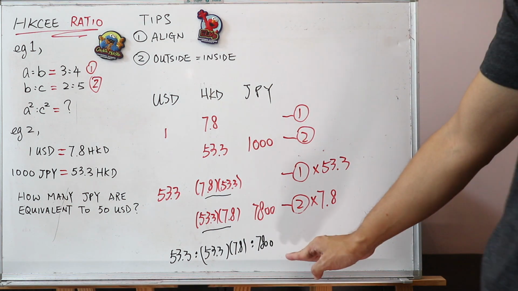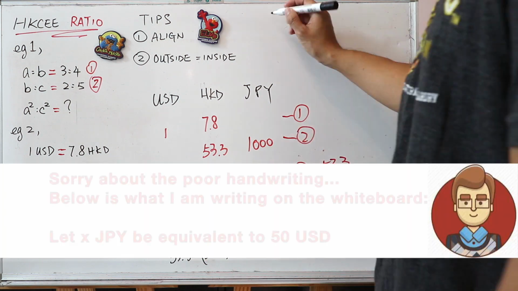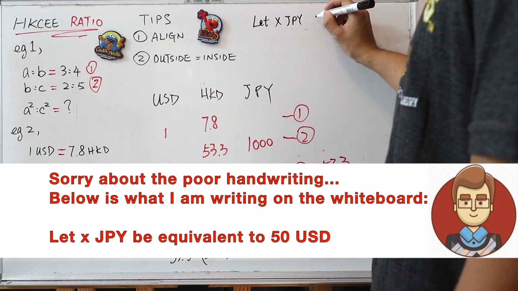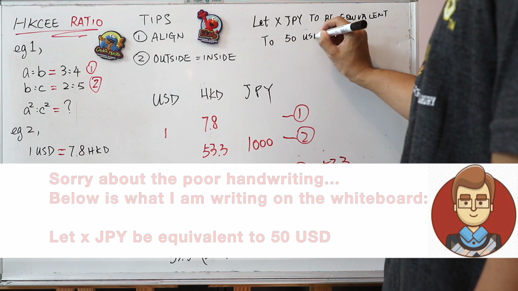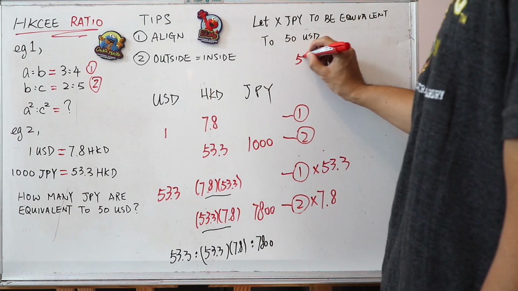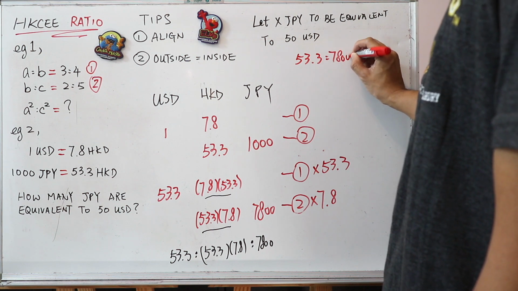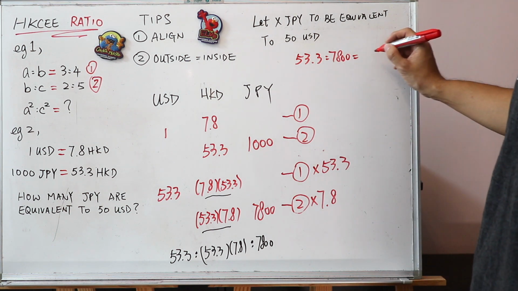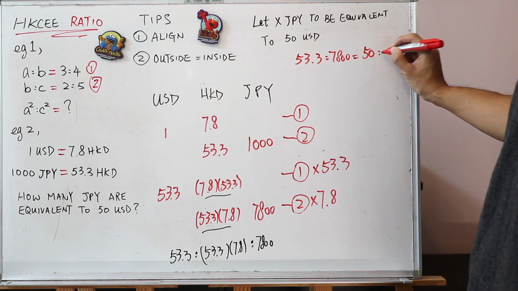So after knowing the ratio of USD to HKD to JPY, I can do this. I know the ratio of USD to JPY is 53.3 to 7,800, which is equal to 50 USD to X.